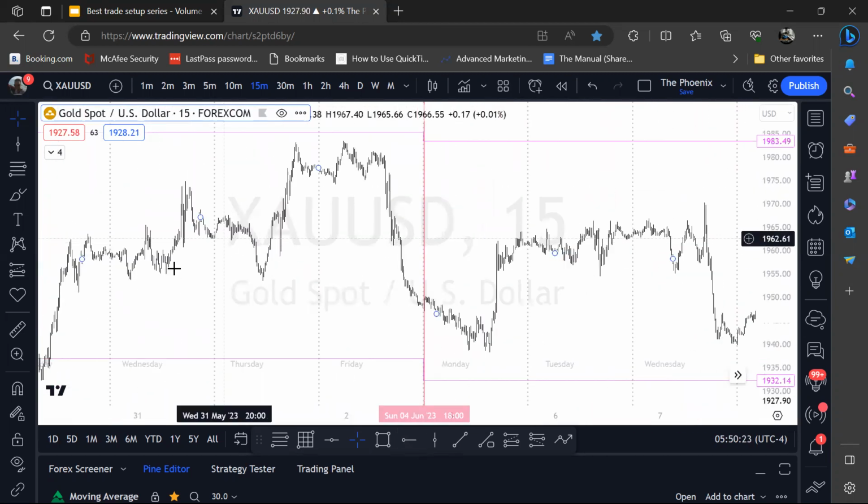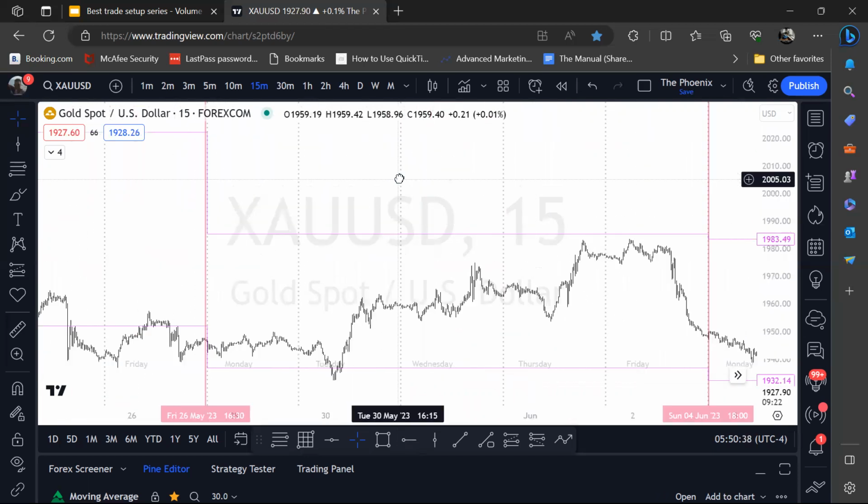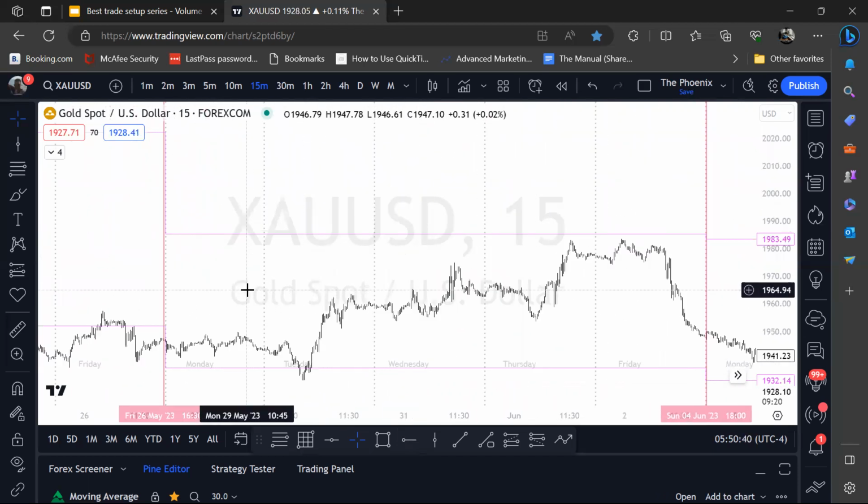All right, so this is how you would now tie in the opening range, the initial balance of the week. So we have day one, which is always Monday of the day count.